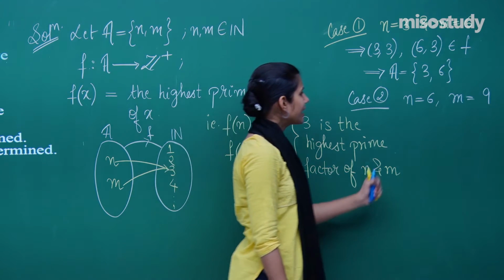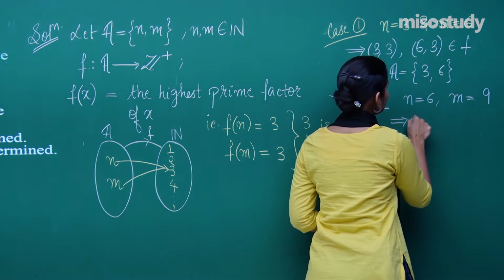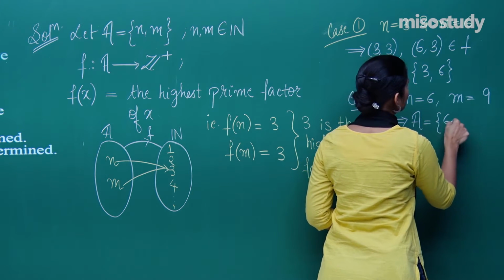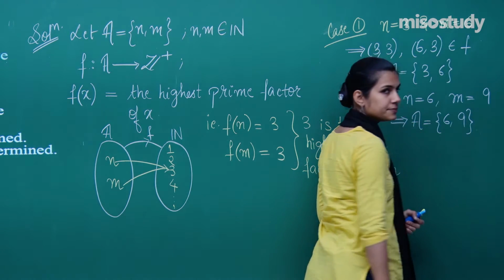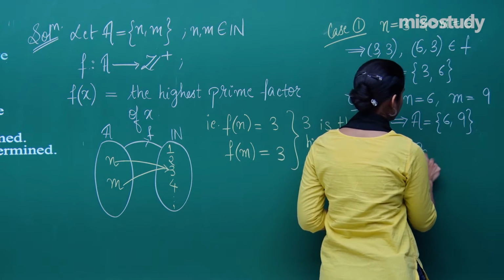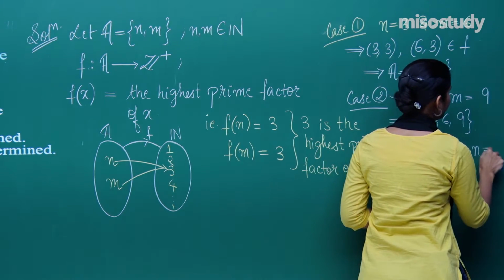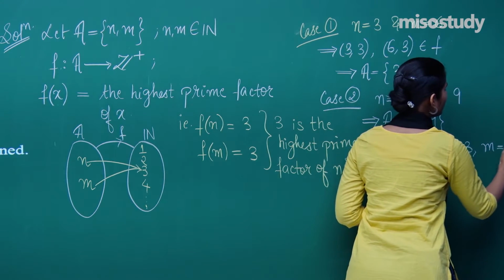And that is why I can take n equals 6 and m equals 9, giving me that A is equal to 6 comma 9. Right? In fact, you could have even taken n to be equal to 3 and m to be equal to 9.